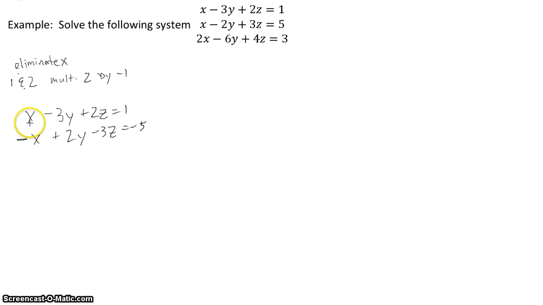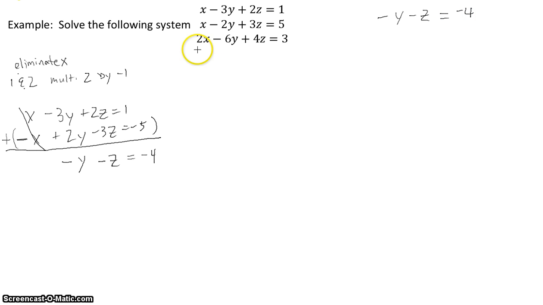Another way you could do this, if they're the exact same, you could just subtract the two equations, but I always like adding just because it gets the signs to match up. Okay, so these eliminate. I'm left with negative y minus z equals -4. So there's my first equation that's part of my system that only has two variables in it.